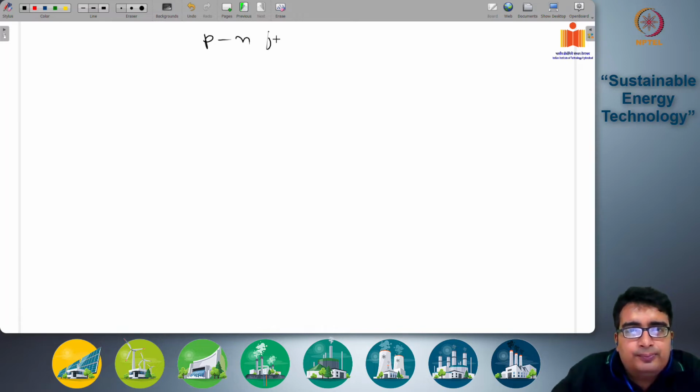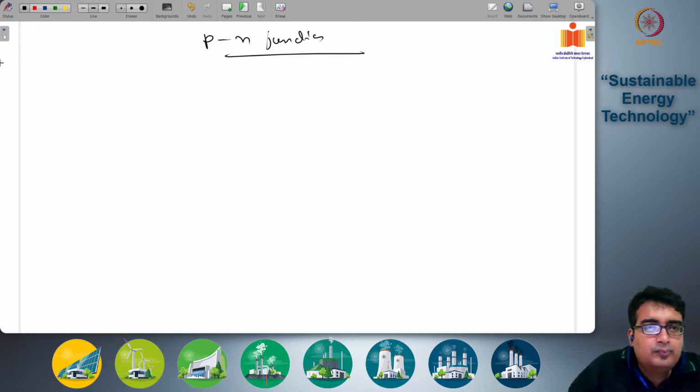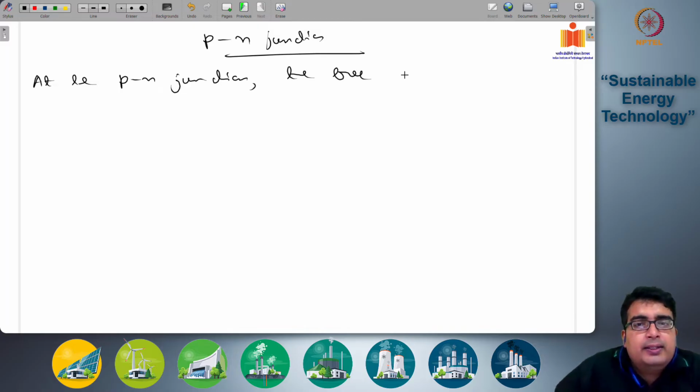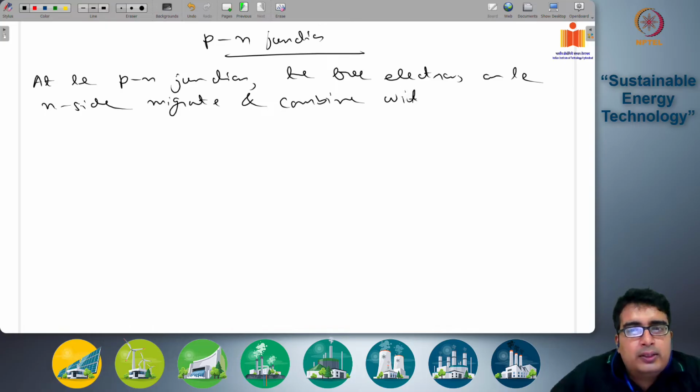So for the PN junction, the salient features are then this. At the PN junction, the free electrons on the n side migrate and combine with the free holes on the p side.